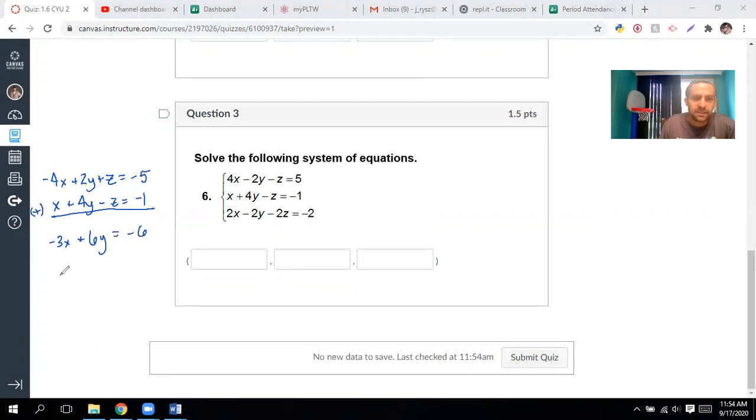Okay. Next thing, let's get rid of the z's and get the other one. Now to get rid of the z's on this one, I'm going to multiply the middle row by -2. I'm going to leave the bottom row alone. So middle row times -2, we'd get -2x minus 8y plus 2z equals +2. And I'll leave the bottom row alone. Remember, the goal is to get rid of the same variable that we got rid of in the last problem.